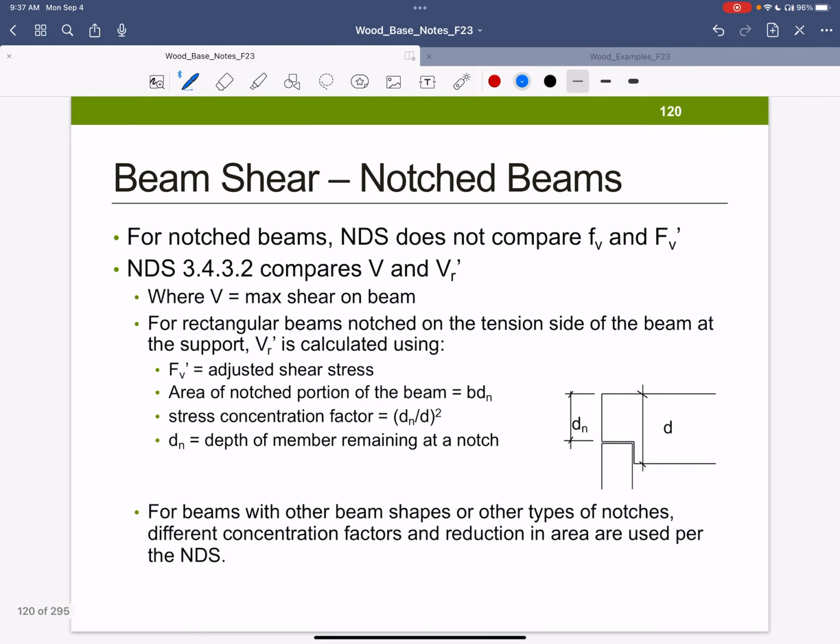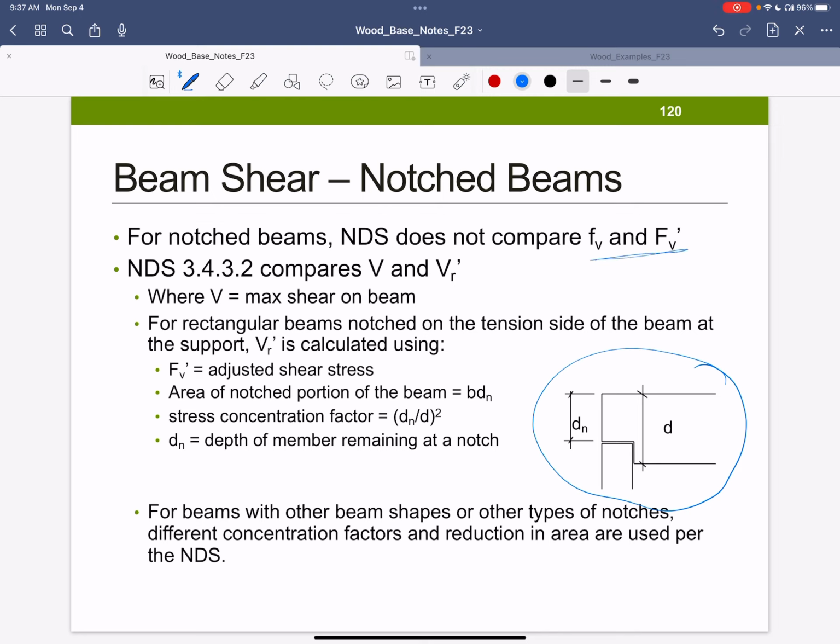Notched beams. So like I said, we'll do an example here. When I'm talking about d sub n, that's the depth from the top of the beam to the bottom at the notch section. So not the cutout piece, but the depth of the part of the beam that has a notch in it. So in the NDS, we don't look at stresses to check the notch.